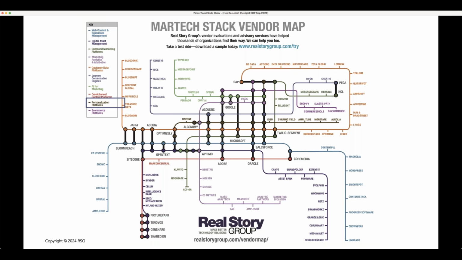The orange line are CDP vendors. Like every other line, it goes through the city center where you see Microsoft, Adobe, Oracle, Salesforce, and others. So that means that there are big players, but as you can imagine, a lot of the innovation and interesting stuff is happening out in the periphery as well. So we'll have a few things to say about that a little bit later.